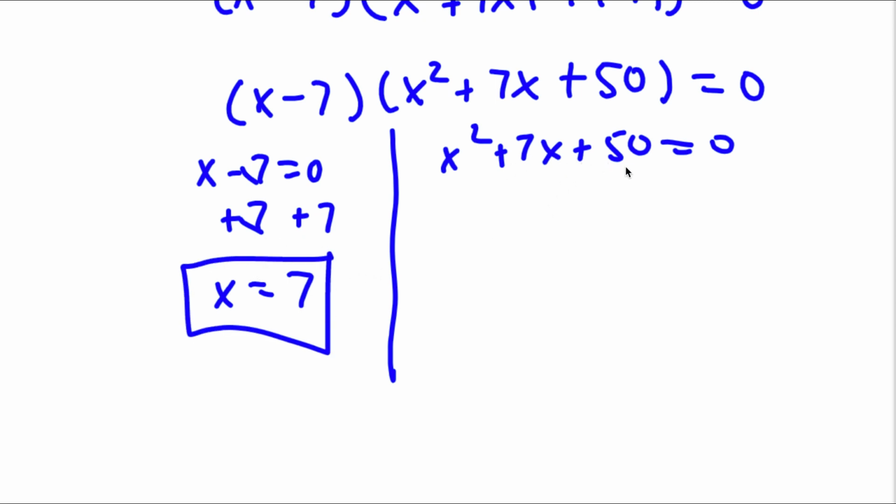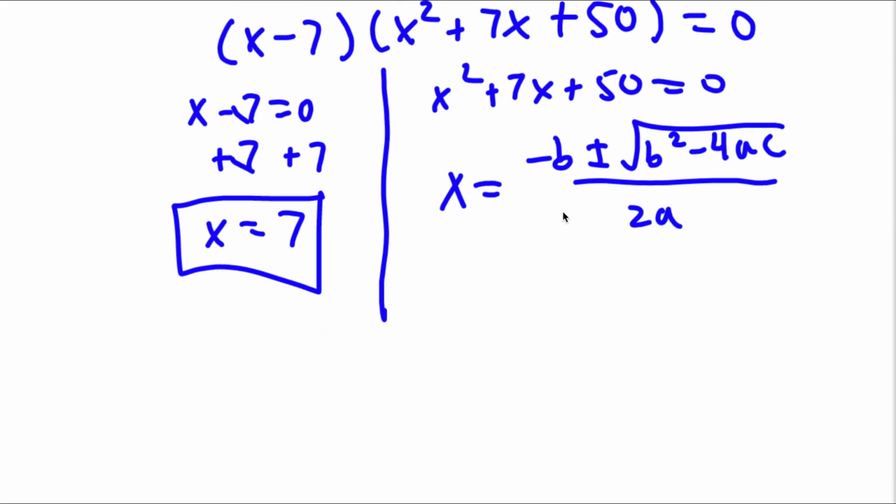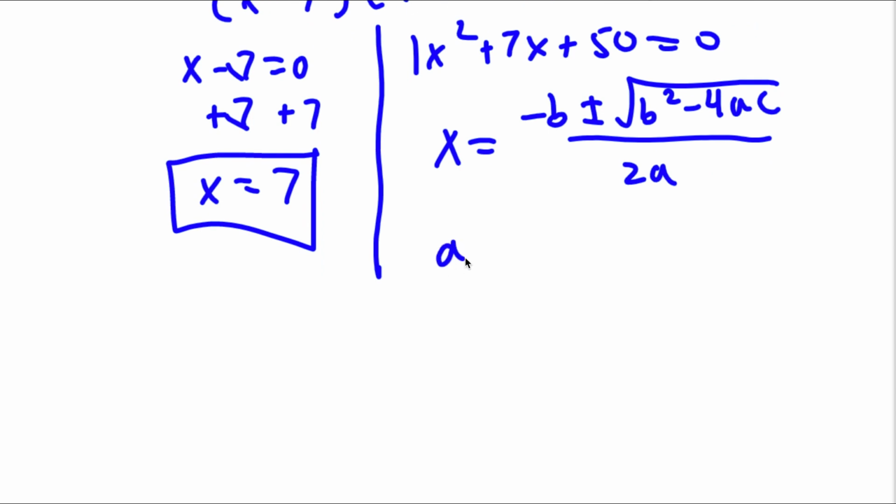For x squared plus 7x plus 50 equals 0, I'm going to be using the quadratic formula to solve this. And the quadratic formula is negative b plus or minus the square root of b squared minus 4ac over 2a. So in this case, a is equal to 1, b is equal to 7, and c is equal to 50.